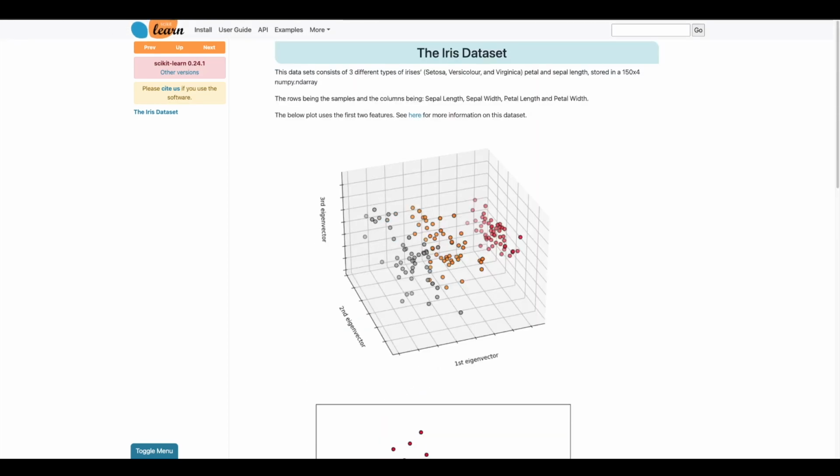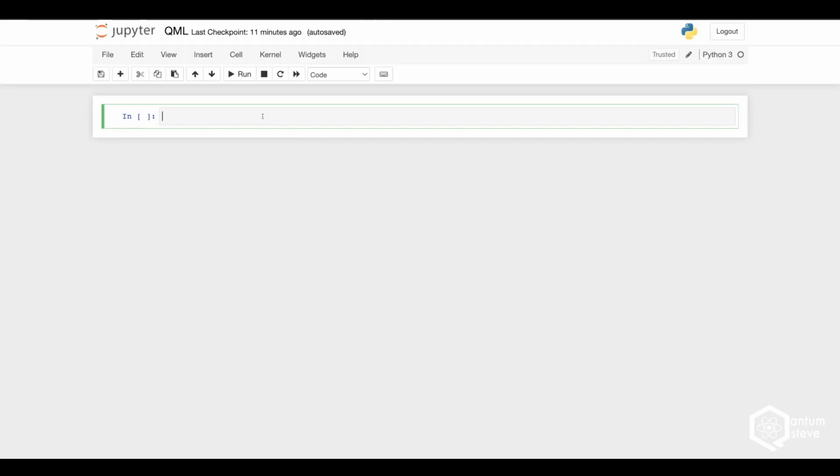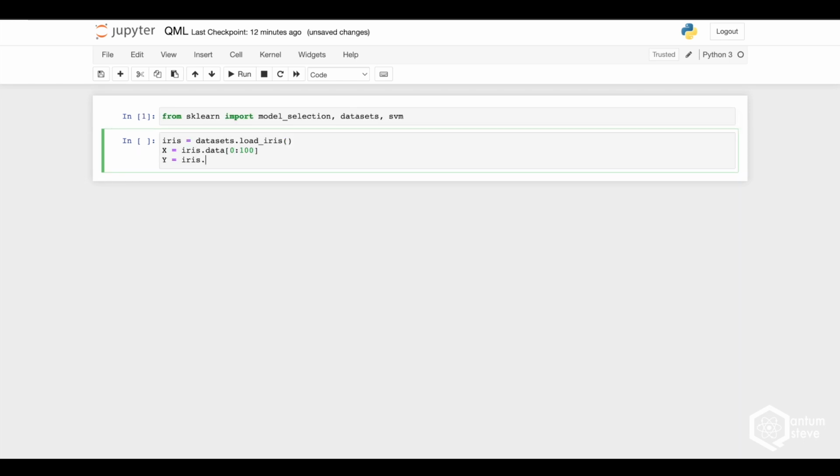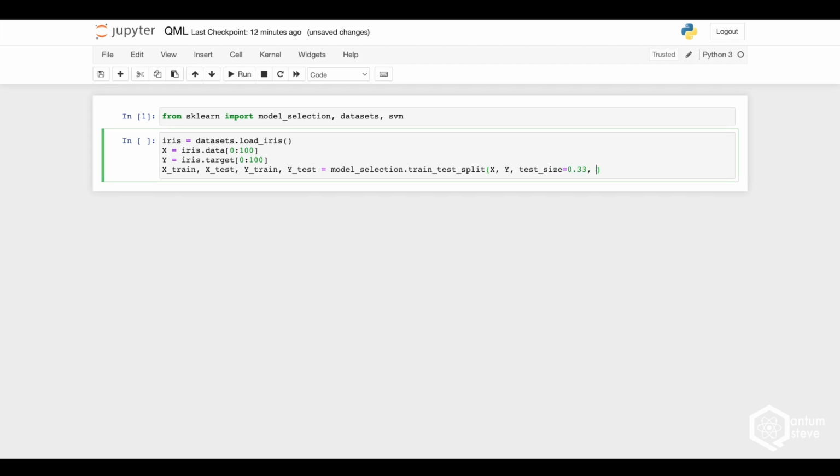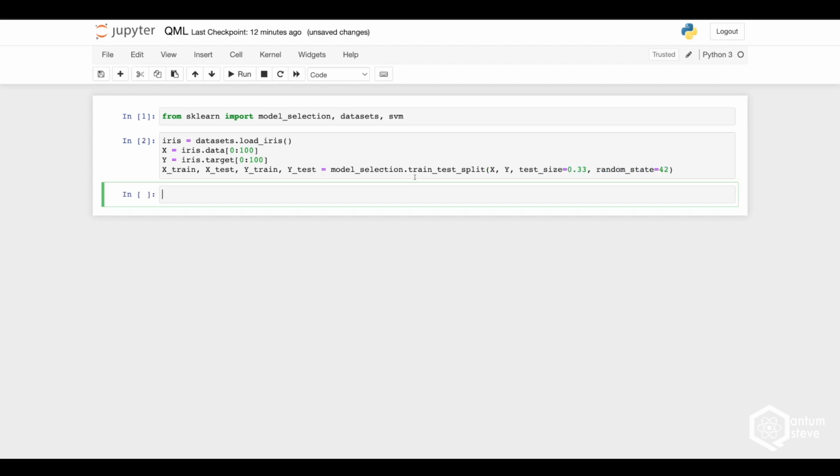So now let's go back to our Jupyter notebook and let's import this data set. All right, so I've now imported the data. And I've already split it into a training set and a test set.